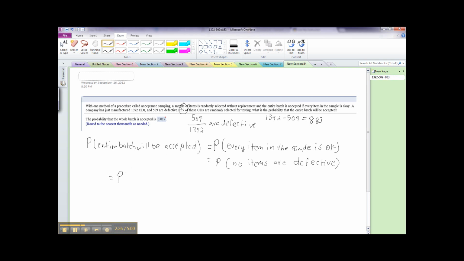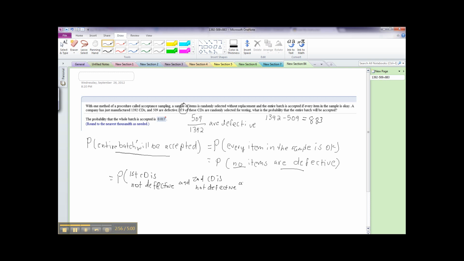Okay, so what we actually want to know is the probability, and remember we want 9 of these CDs. So the probability that the first CD is not defective, because remember no items are defective means that the entire batch will be accepted. So the first CD is not defective. And the second CD is not defective.